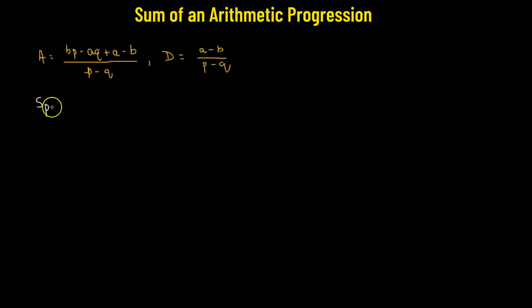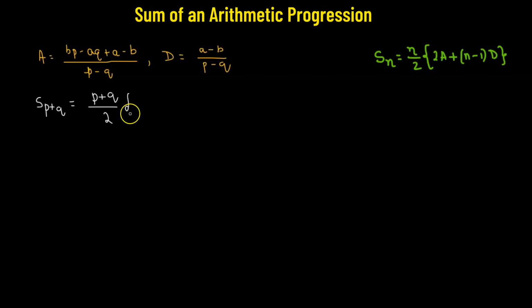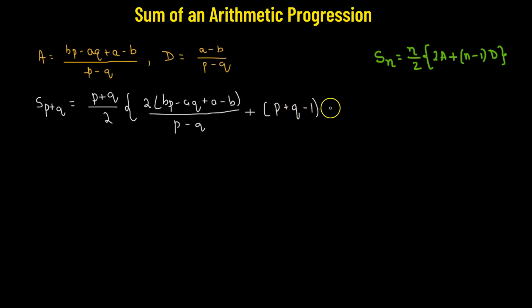We'll use the general formula: the sum up to the nth term is n over 2 multiplied by 2 times the first term plus n minus 1 times the common difference D. So we have p plus q over 2, since our nth term is the p plus qth term, multiplied by 2 times A. The A here is bp minus aq plus a minus b, all divided by p minus q, plus p plus q minus 1 times the common difference D, which is a minus b divided by p minus q. We'll simplify this.